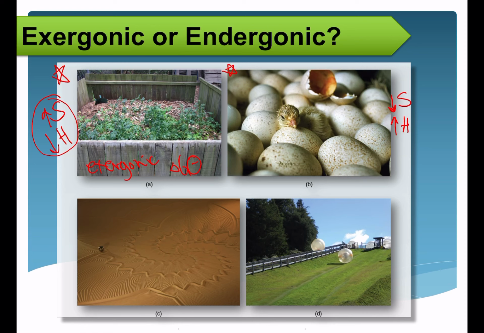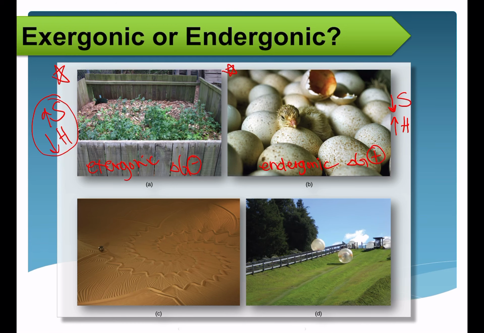That's why a chicken needs the yolk to provide all the nutrients and energy to power all those reactions for forming the embryo into a baby chicken. So in the end, this is an endergonic reaction, and delta G is a positive value.